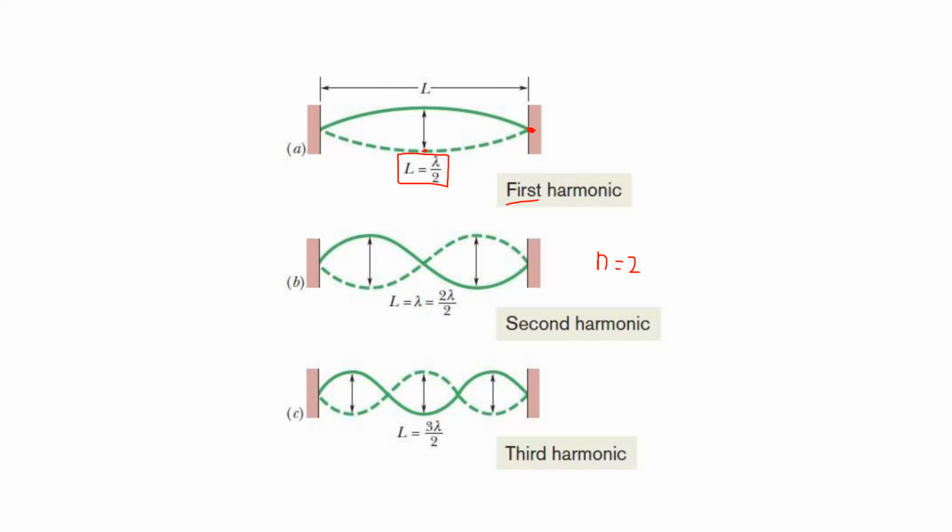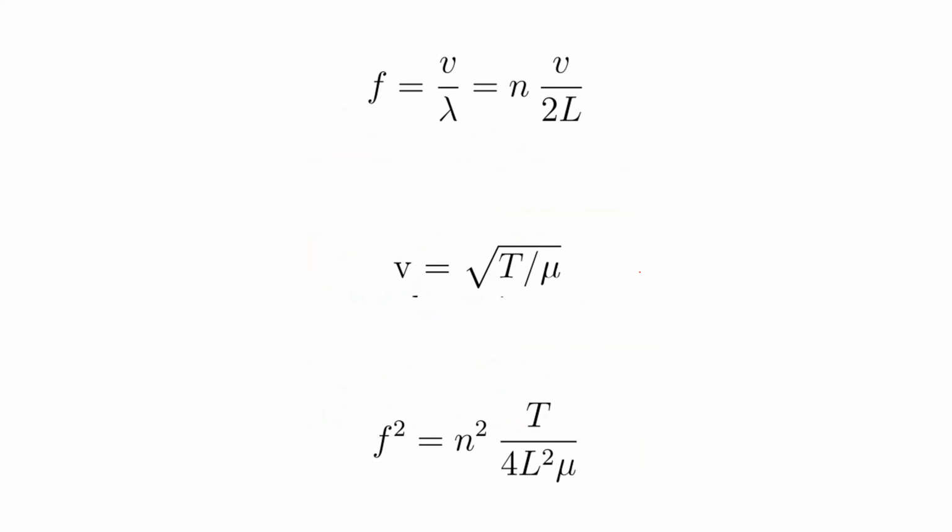So the objective of this experiment is to get a standing wave in a real experiment and calculate the linear density of the string using formulas for this standing wave. Here is what we're going to use, these formulas. As you can see, the frequency of the wave is equal to the velocity over the wavelength.